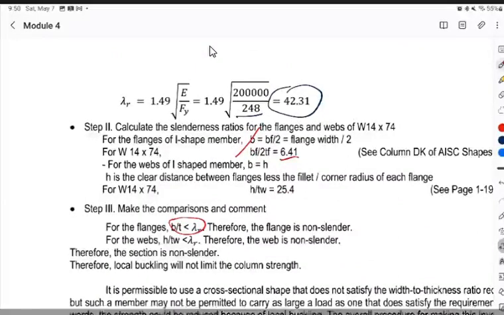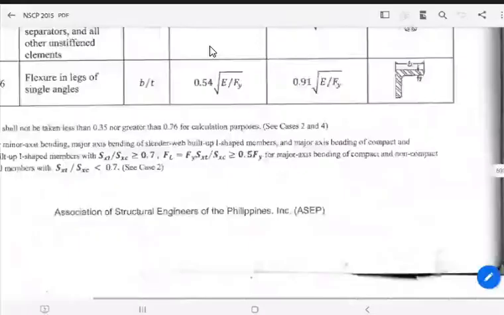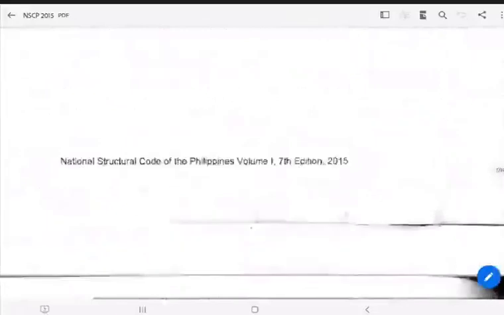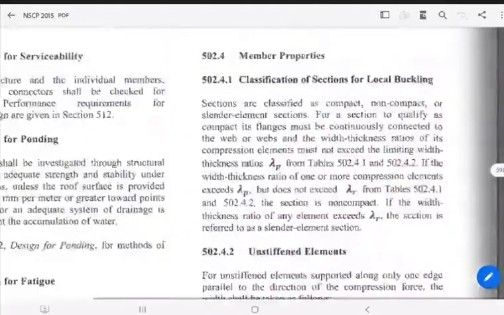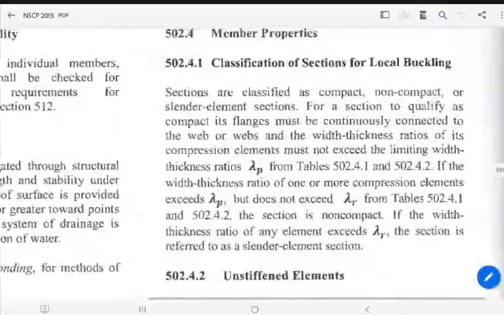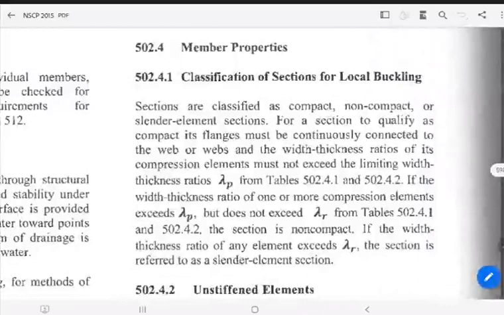Diba? So, sabi natin, we go back here. Okay. If the width to thickness ratio of any element exceeds lambda r, ito ha, sabi niya dito, the section is referred to as a slender element.